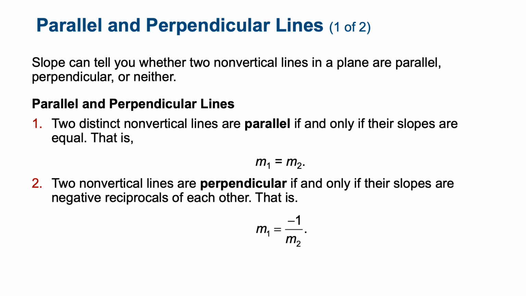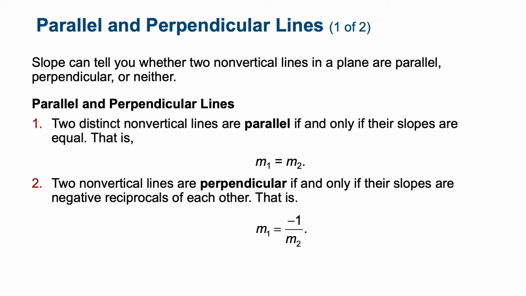All right. Next topic, parallel and perpendicular lines. Because we're talking about slope, it makes sense that we're going to go ahead and continue talking about parallel and perpendicular lines. Okay, slope can tell us whether two non-vertical lines are parallel, perpendicular, or neither. So here they are. Two lines are parallel if and only if their slopes are equal. So if you have two different lines and their m1 is equal to m2, their m's are the same, you can say that these two lines are parallel.